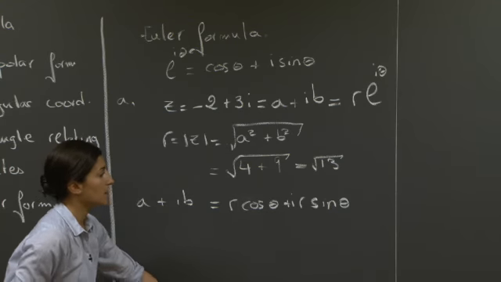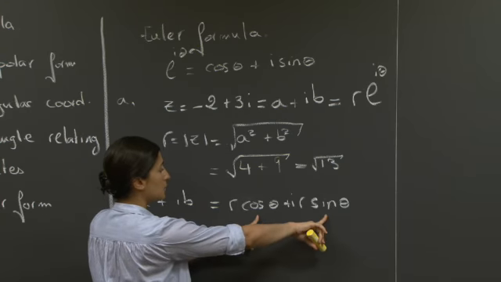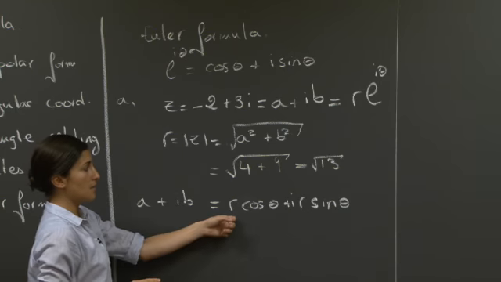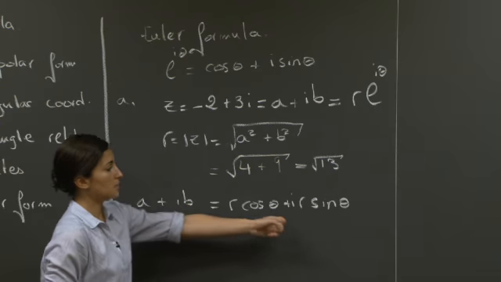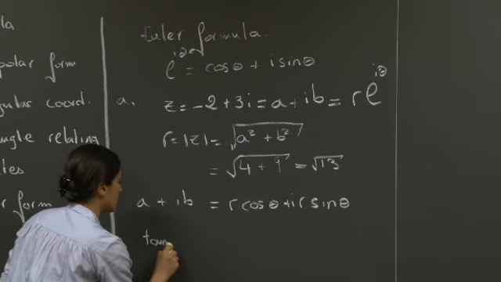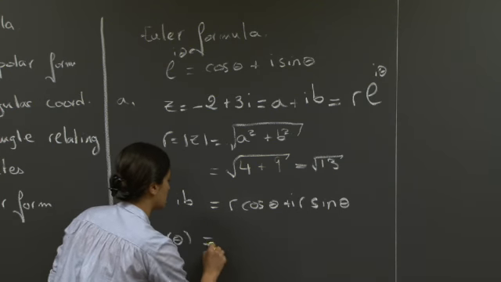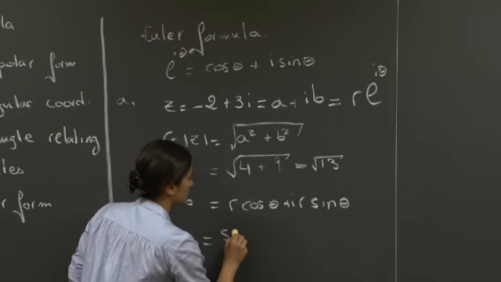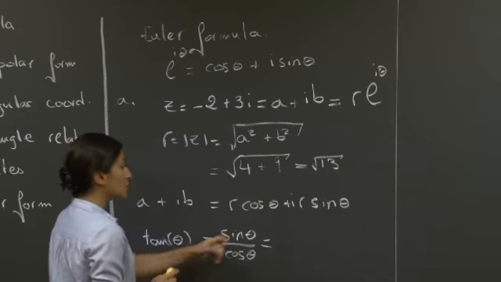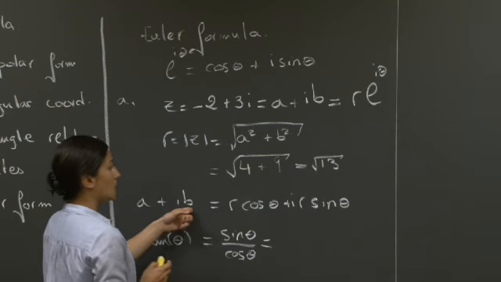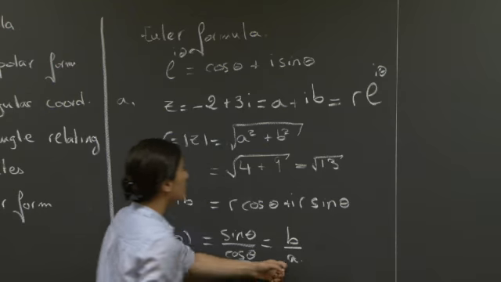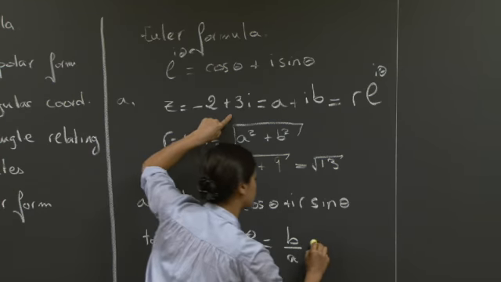You can see now that we can extract the sine and the cosine of the angle theta and relate them to a ratio of a and the modulus R that we just found, and b over the modulus R. Or in one move, just express it as the tangent of the angle theta, which is sine over cosine, which becomes b over a, which we have here.